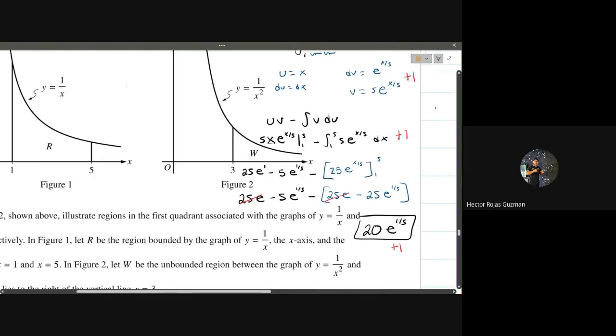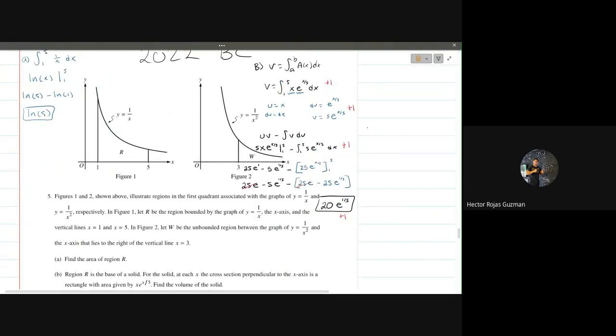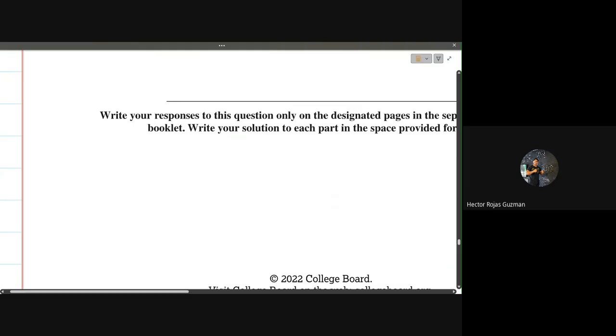And then the last one, part C. Find the volume of the solid generated when the unbounded region W, unbounded, eh? That means we go from 3 to infinity. When it's revolved with respect to the x-axis. Okay, I'll do my drawing again. But basically W looks like this.